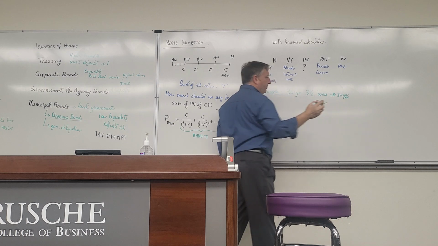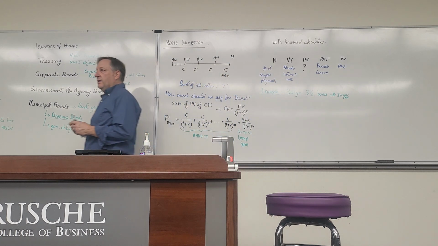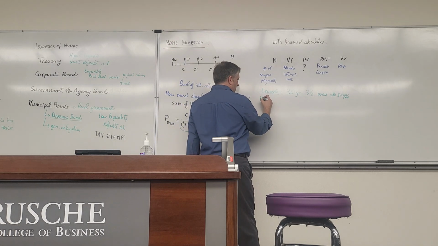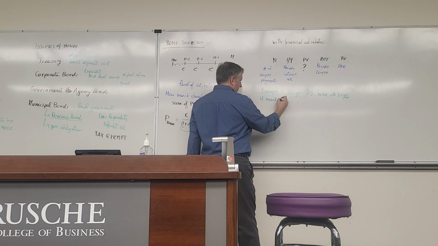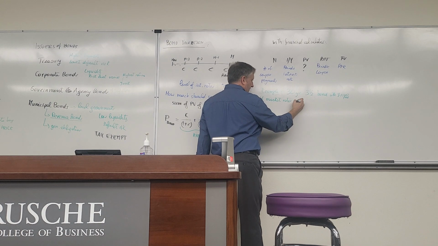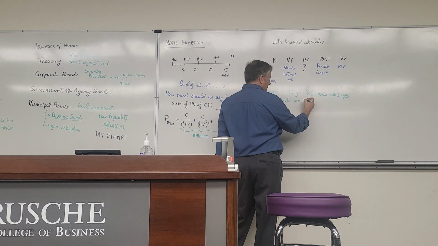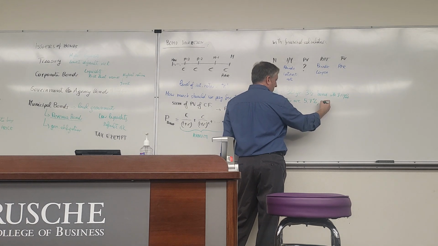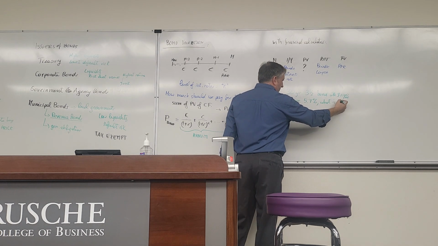Okay, so if I don't give you par, of course, always assume it's 1,000. And the question is, if market rates are 5.7%, what is the value of this bond?